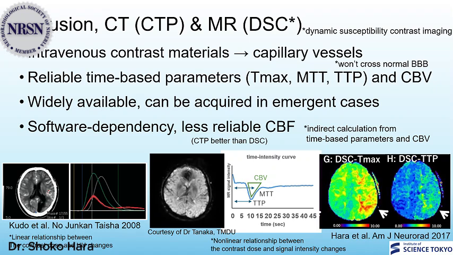CBF in these modalities is calculated from time-based parameters and cerebral blood volume, making it less reliable. While CT perfusion and DSC cannot quantify absolute CBF, CT and MRI are far more accessible than PET or SPECT, and these perfusion techniques can be readily implemented in daily clinical practice.